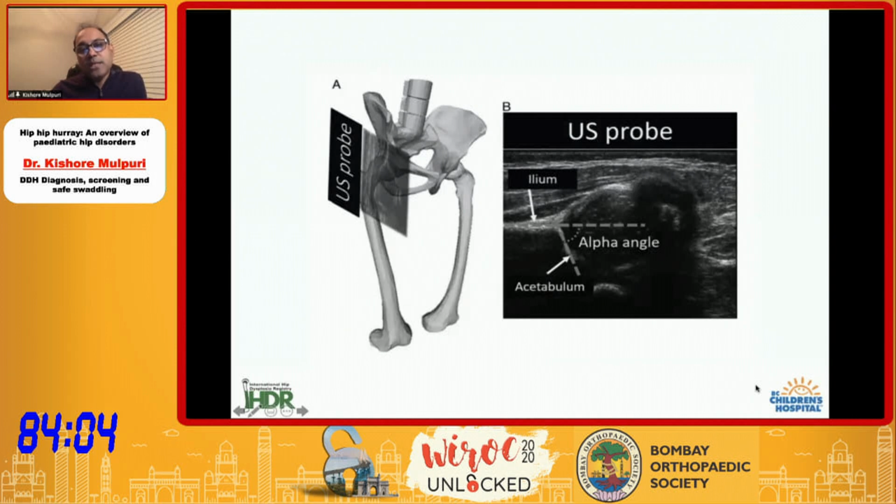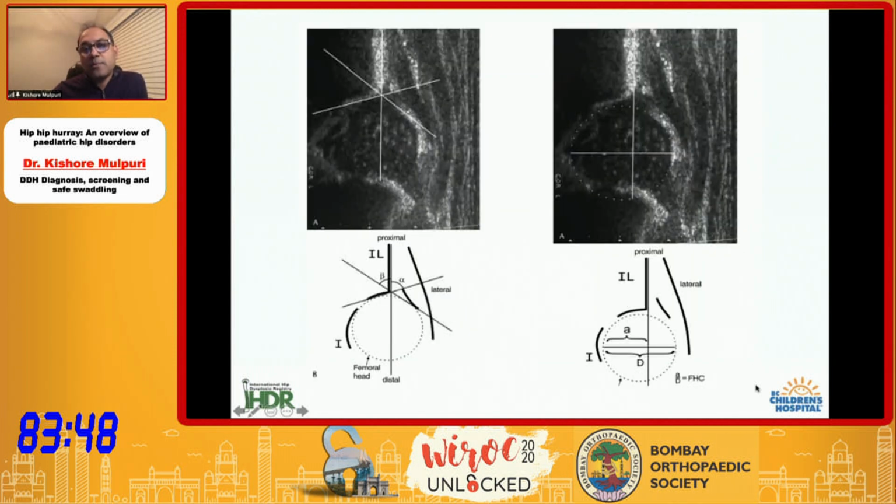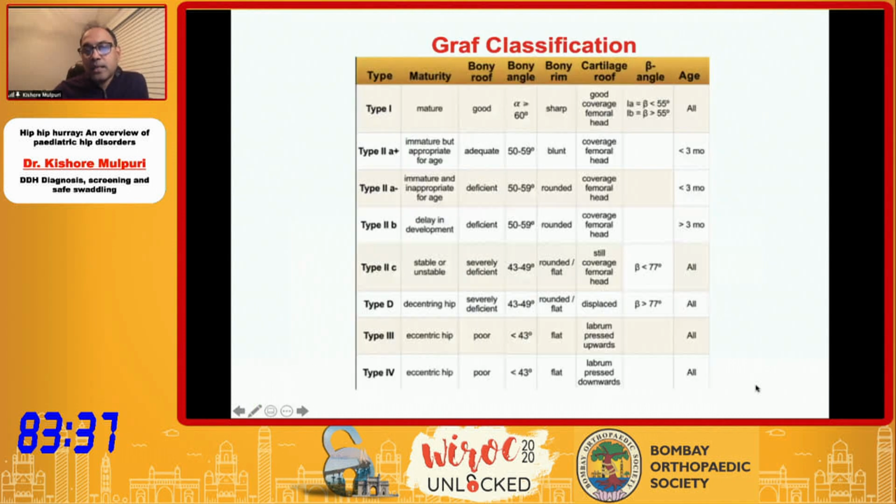And now coming to ultrasound, ultrasound was really popularized by Graf from Austria, and then subsequently adopted by many other people around the world. You can either do a static exam or you can do a dynamic exam. The most popular one is what's described by Graf, where you look at percentage femoral head coverage, you look at alpha angle, you look at beta angle, and then you see what the dysplasia metrics are. And again, I'm not going to spend time actually describing what each one of these are.